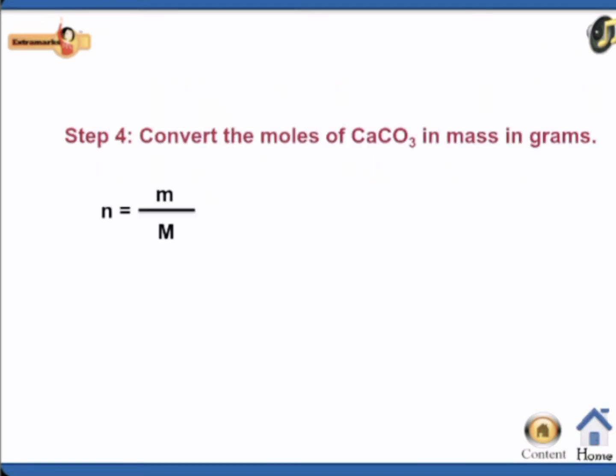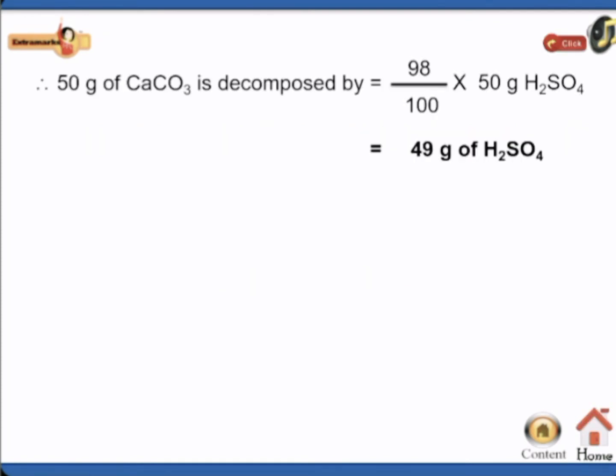Step 4. Convert the moles of calcium carbonate in mass in grams. Therefore, on calculating, we get that 50 grams of calcium carbonate is decomposed by 49 grams of sulfuric acid.